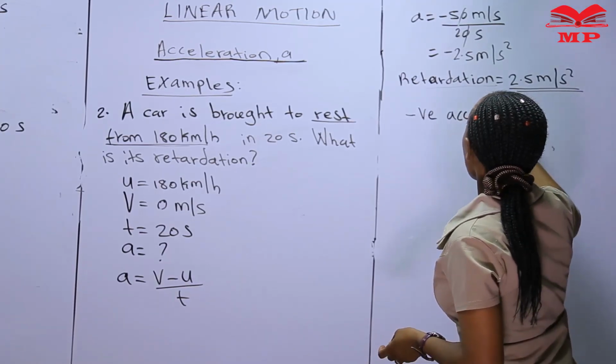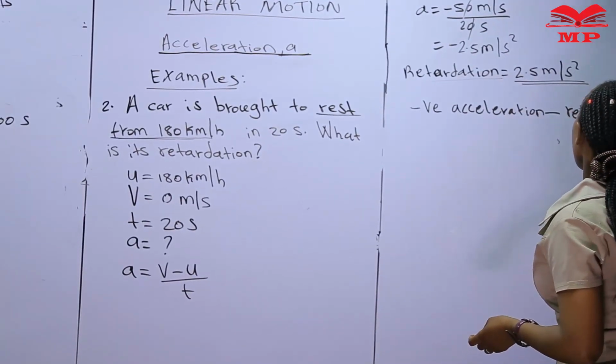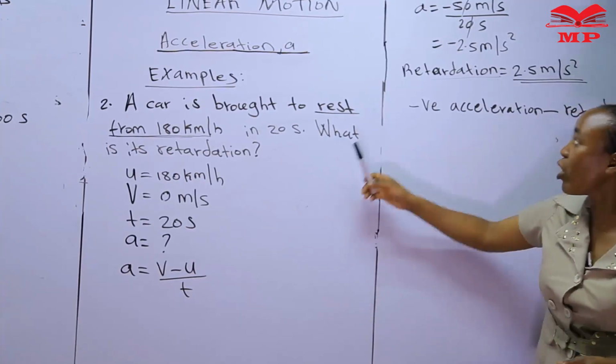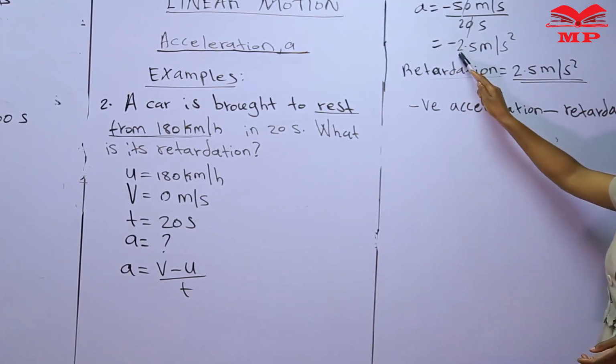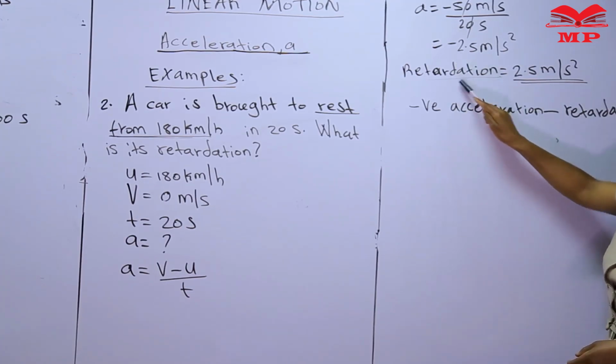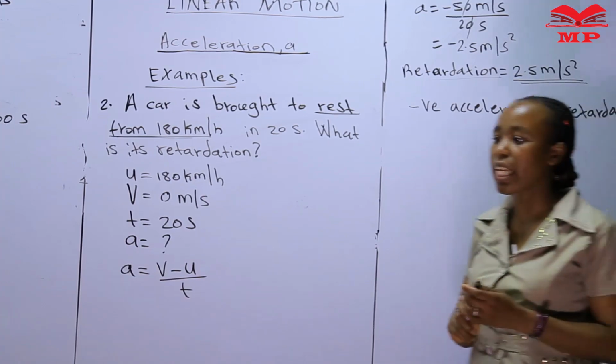A negative acceleration is what we are calling the retardation. So if you had been asked to calculate the acceleration, it is negative 2.5 meters per square second. But if it is the retardation, it is 2.5 meters per square second.